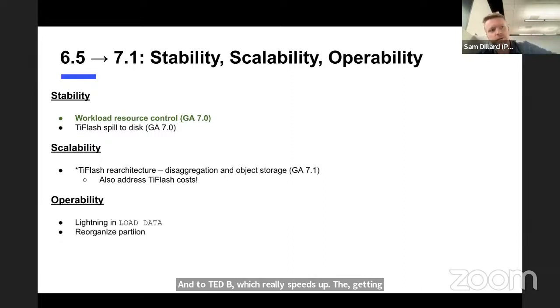If you're offloading data into CSV files and object storage, you can load those into TiDB much more easily now. And then we added reorganize partition, which is essentially, I have a typo there, a syntax sugar for managing partitions.